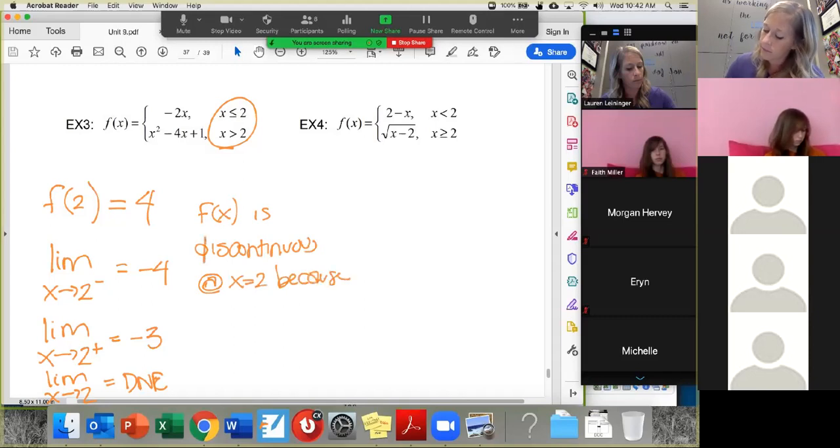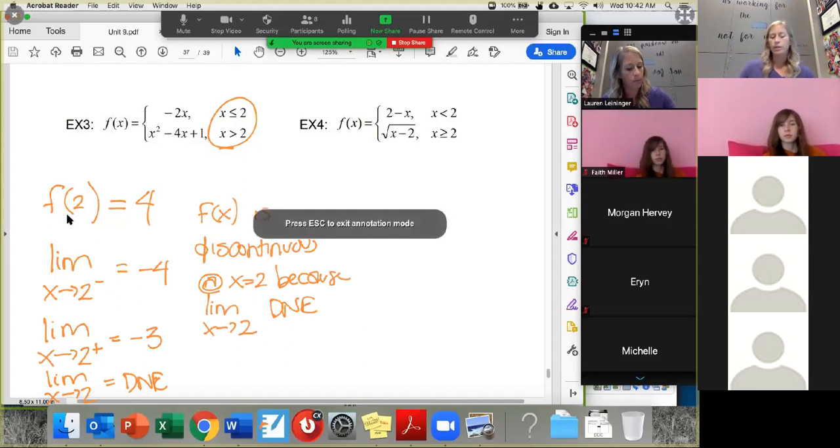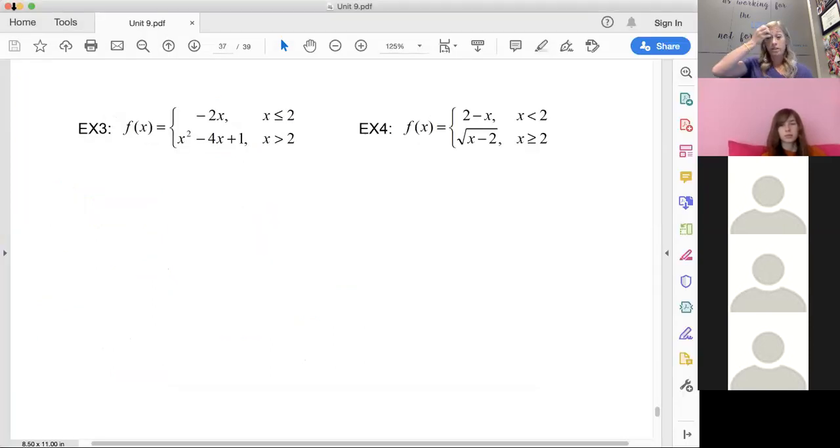The limit doesn't exist. Right. Limit as x approaches 2 does not exist. Okay. The f of 2 not 4? Oh, it should be -4. Yeah, thank you. Questions about that kind of process there?